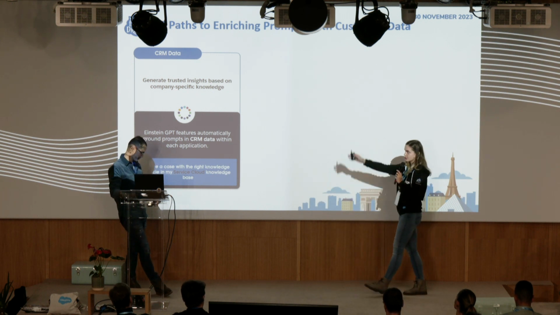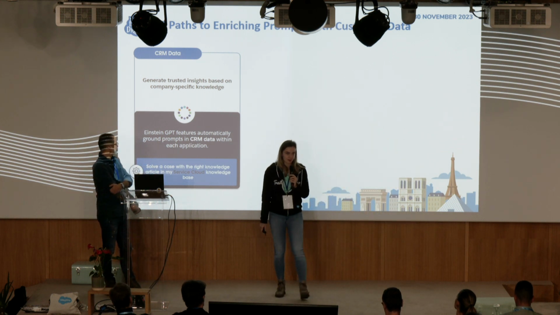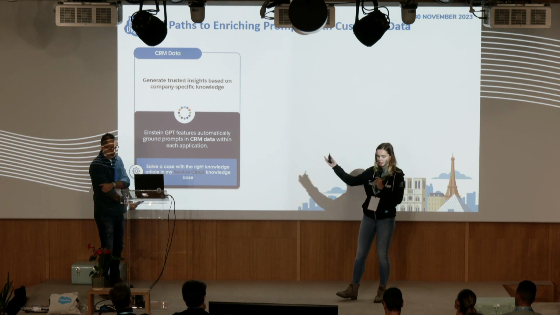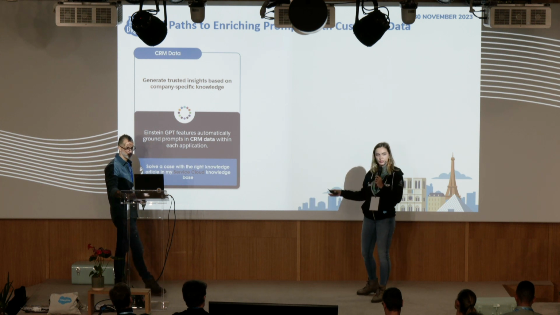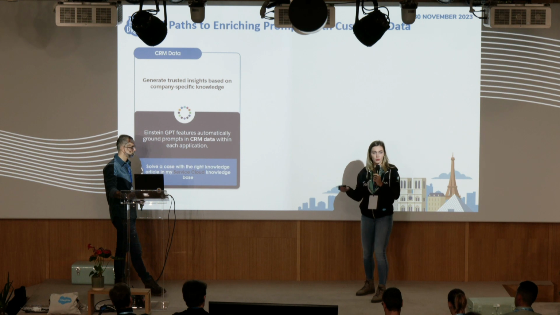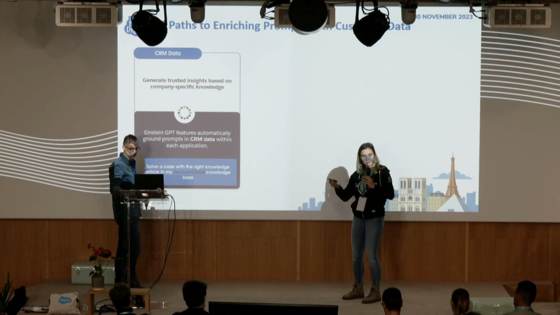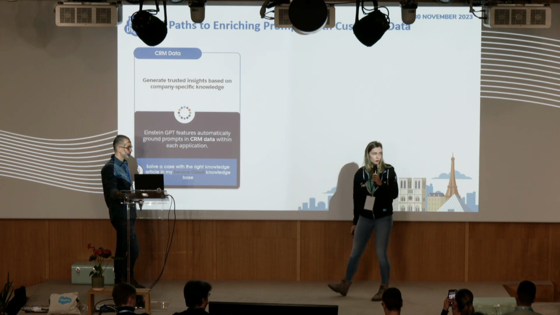And first goes, of course, number 1, CRM data that can help you to enrich your prompt with customer data. For instance, let's say when you try to solve a case through Service Cloud and attach some sort of knowledge article coming from your knowledge base. And yeah, that's how basically the output will be more precise to solve the case.